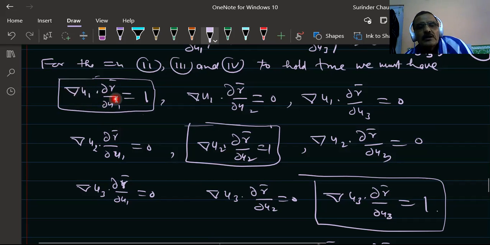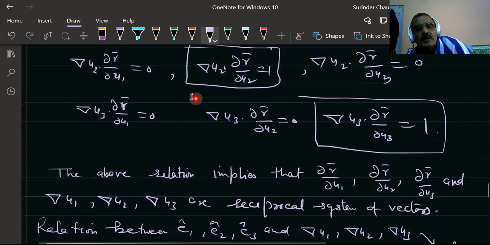Similarly, del u2 is the normal to the surface u2 = c2, and ∂r/∂u2 is the tangential vector along the curve u2. They are reciprocal to each other.